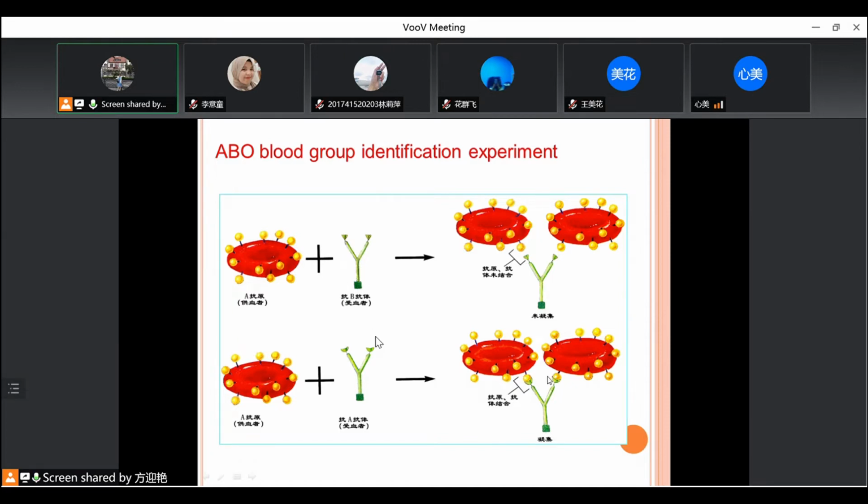So if we need to identify which antigens, A or B, a person's red blood cells have, we can base it on these reactions with anti-A and anti-B antibodies, and by these reactions we know the type of antigens on the red blood cell membrane. Can you understand?